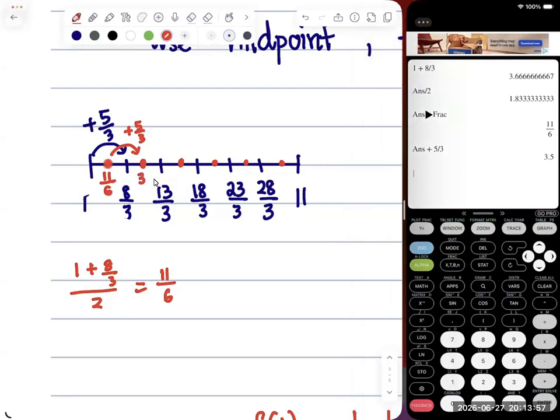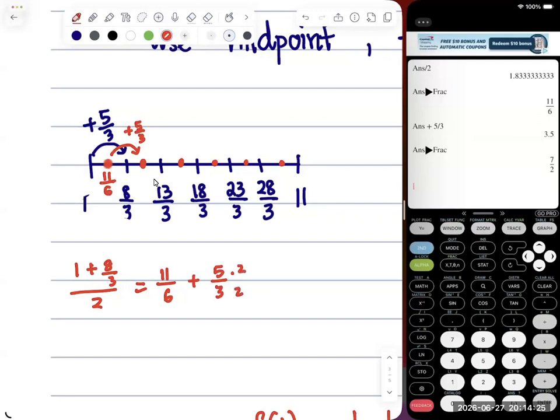So adding 5 over 3, we have 3.5, or you can keep it in the same denominator. I will make that become the same denominator so that it's going to be easy for me to add the next number. So this is 7 over 2, which is, let me do by hand first, 5 over 3, multiply by 2, I have 11 over 6 plus 10 over 6. So it's going to be 21 over 6 for the next one.